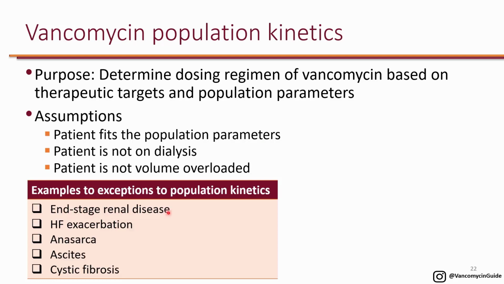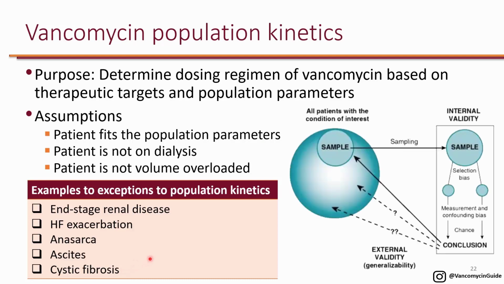They also don't apply to heart failure exacerbation. They do not apply to anasarca, which basically means volume overload in the entire body, ascites, which happens in patients with cirrhosis, so that's also fluid retention, and cystic fibrosis. All of these affect the fluid status of patients, which affects vancomycin volume of distribution.